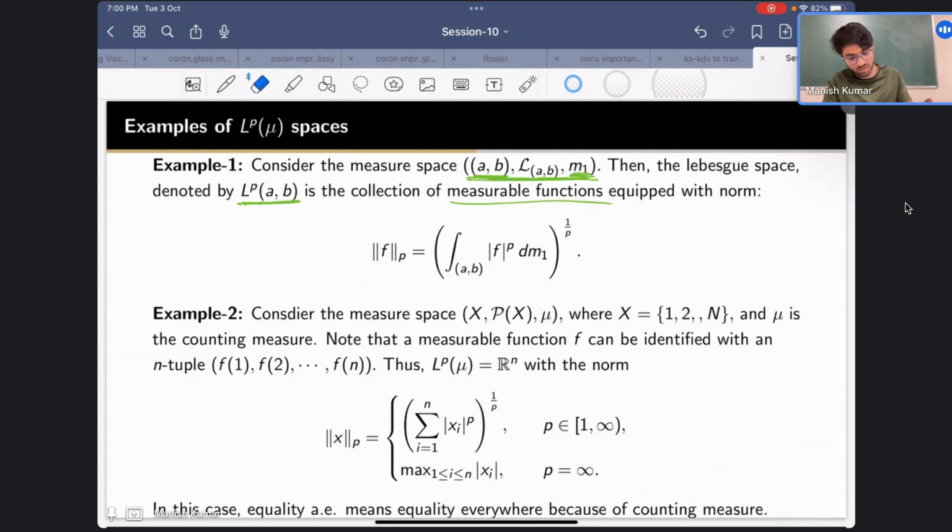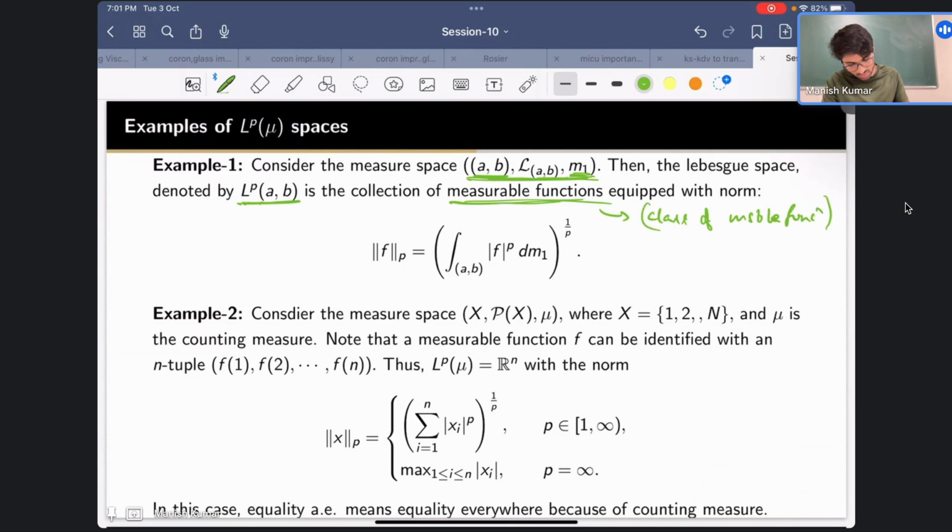So we know that it is a class of measurable functions, but when we talk, we generally say it is a set of measurable functions. Instead of a collection of measurable functions, you can write a collection of classes of measurable functions, where the classes are the equivalence classes corresponding to the equivalence relation of almost everywhere equality. That is, f is related to g if f and g are almost everywhere equal.